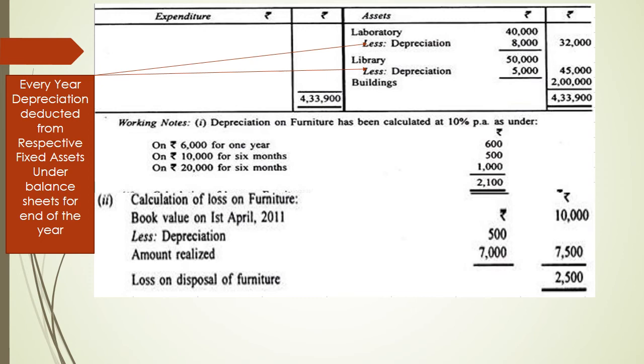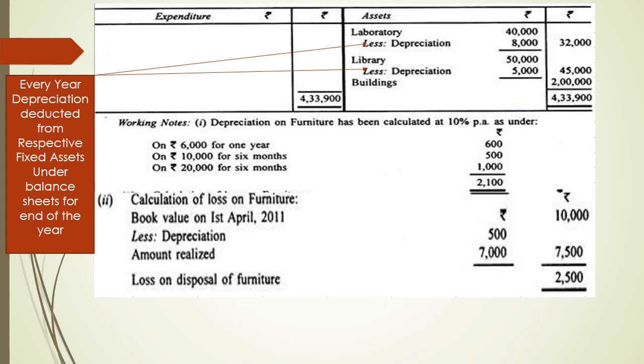So for 6,000 into 10% is 600; 10,000 into 10% into 6 by 12, because that 10,000 is available for only 6 months. So we have to calculate the depreciation for only 6 months, not for the whole year.